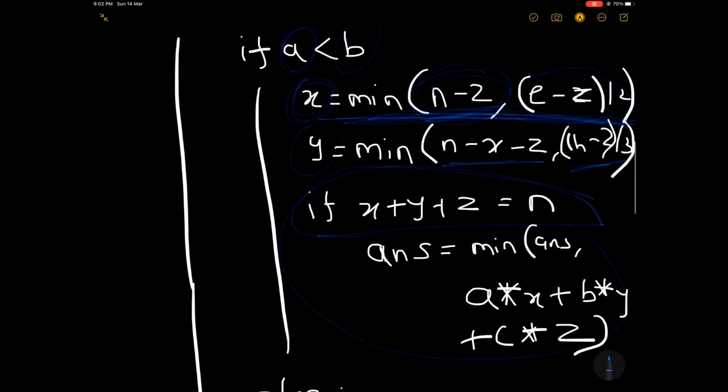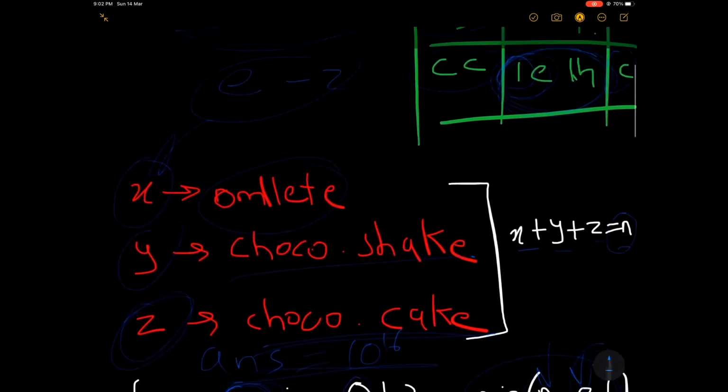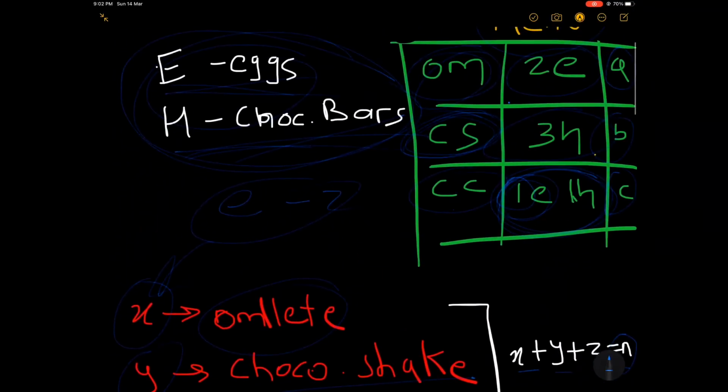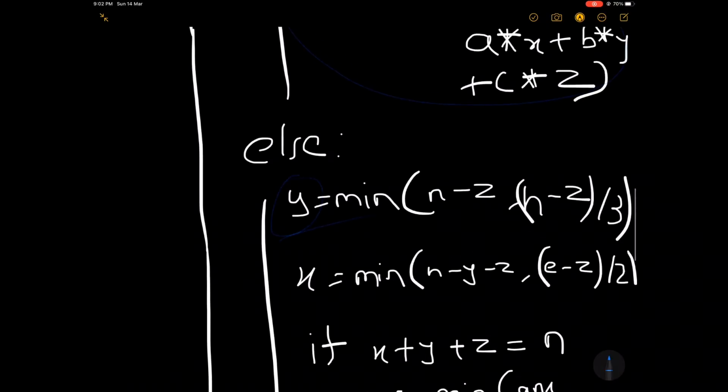Now the else part is when b is cheaper, that is, chocolate shake is cheaper. So first we'll initialize y. Similarly to what we have seen above, the number of students that can buy is n minus z, and the quantity remaining is h minus z.